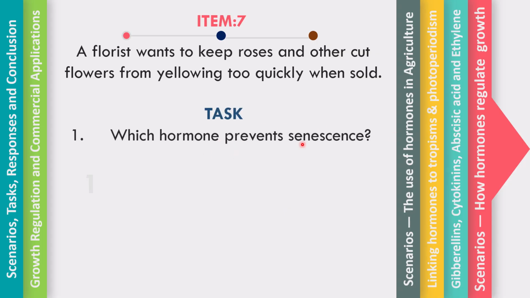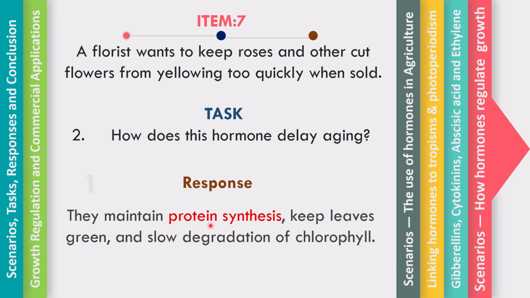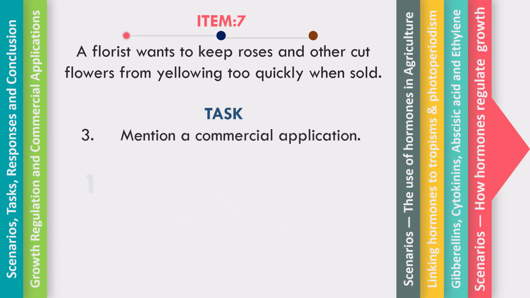Which hormone prevents senescence? Cytokinin prevents senescence. How does this hormone delay aging? They maintain protein synthesis, keep leaves green, and slow degradation of chlorophyll. Mention a commercial application.